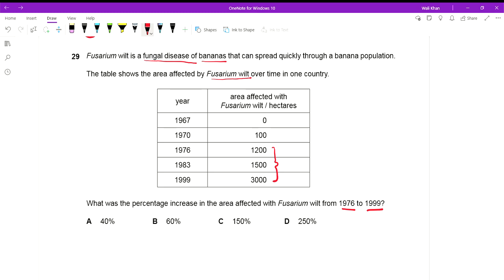From 3000 we have to minus 1200, it is 1800. So 1800 hectare area is affected.